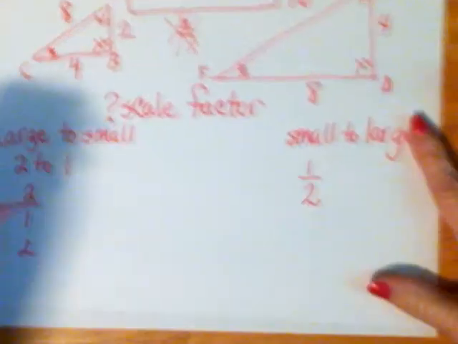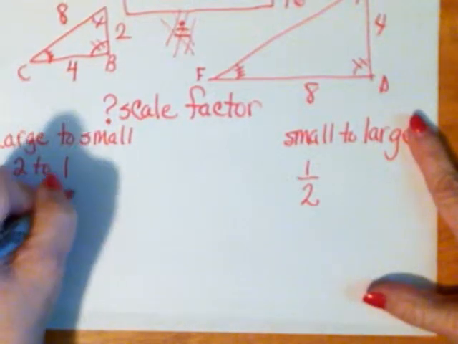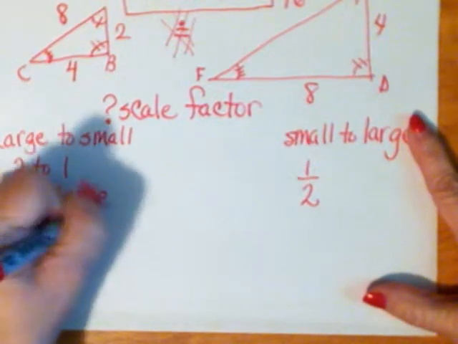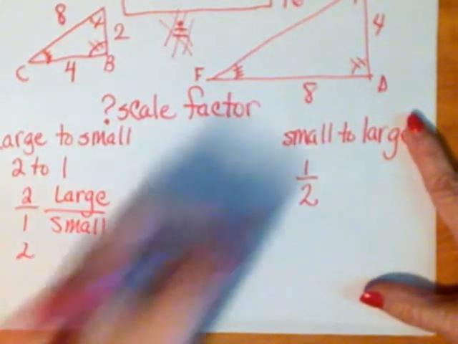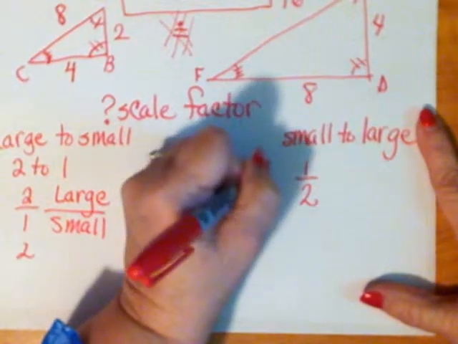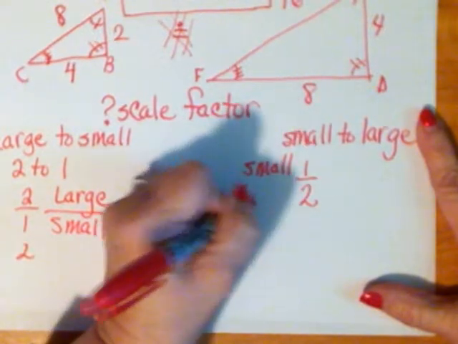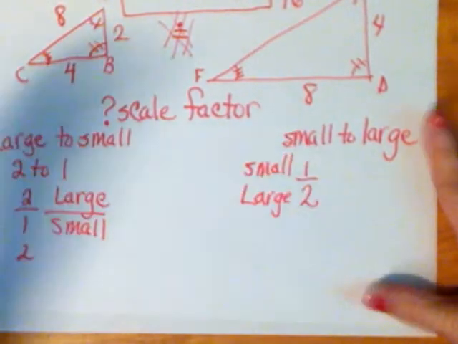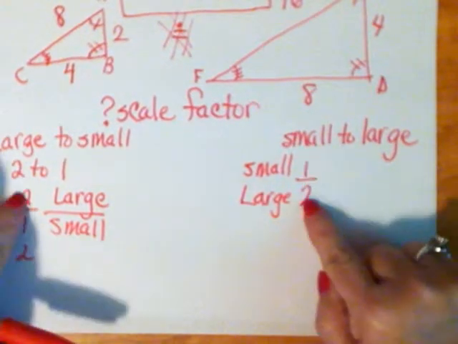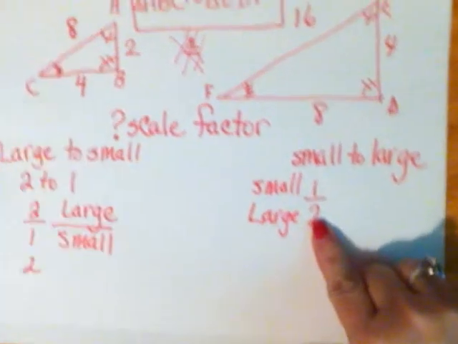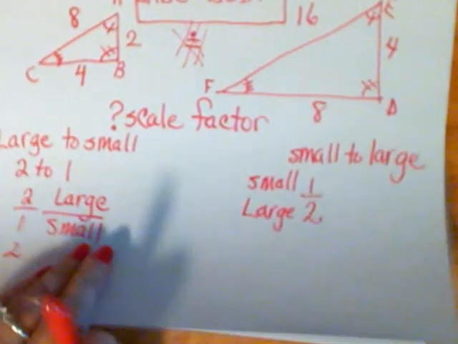So large to small is 2 to 1. Small to large is 1 to 2. Keep in mind, the small one is little, the large one is twice as big as the small one. And so that works for each piece.